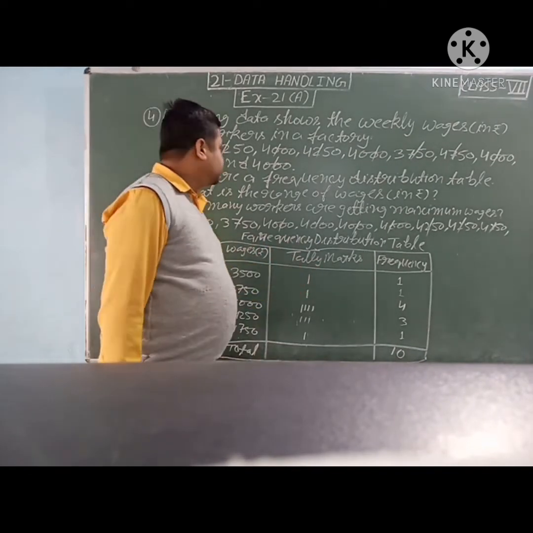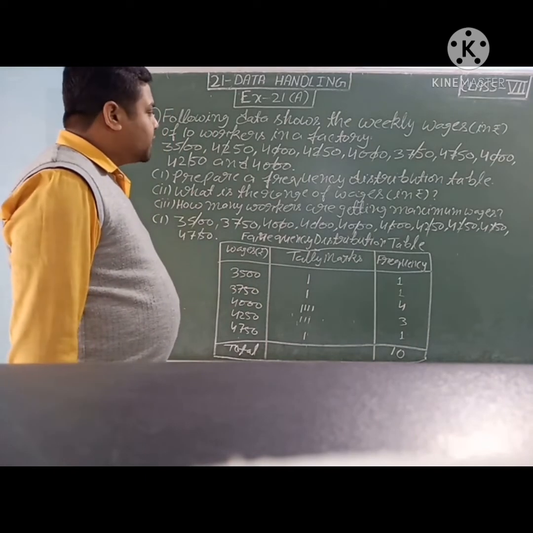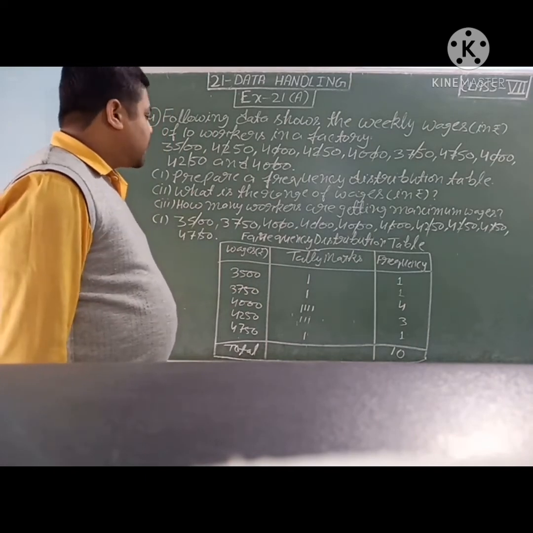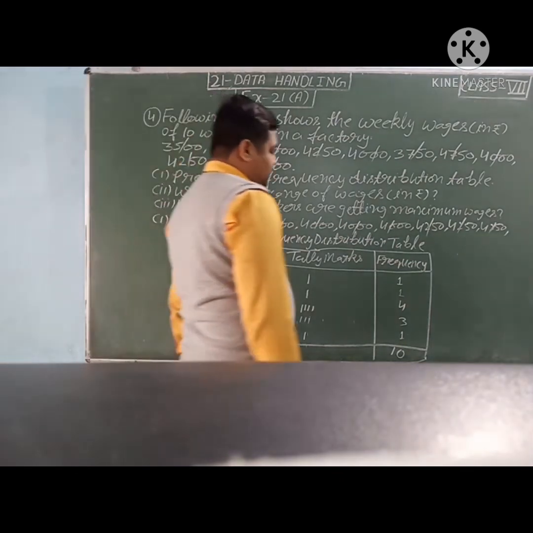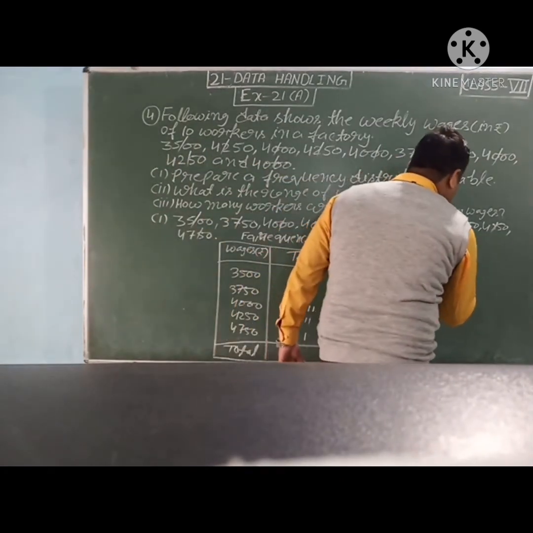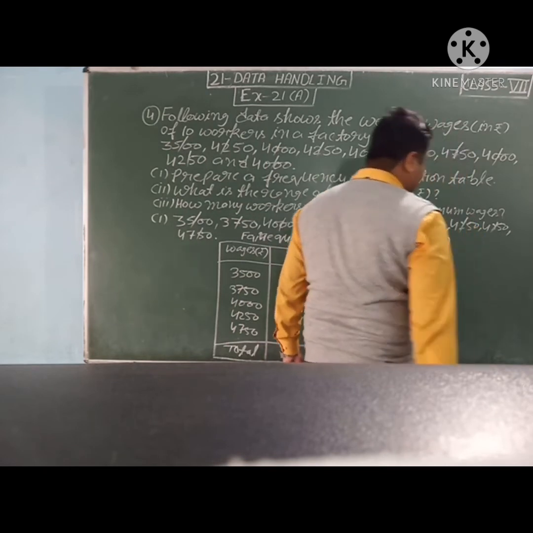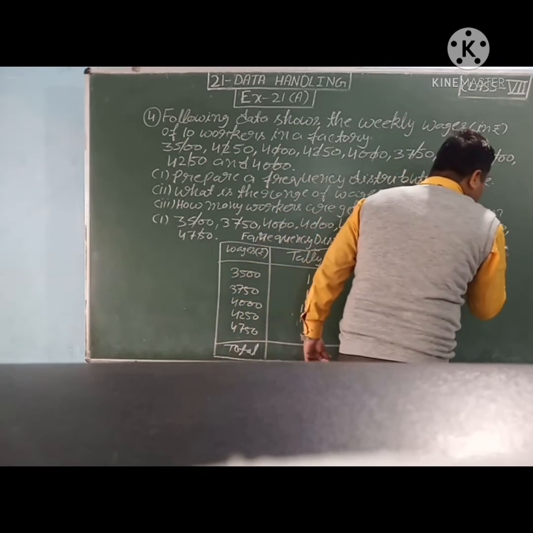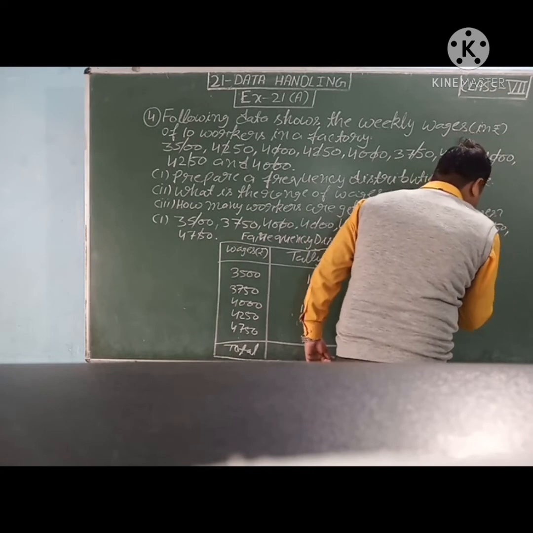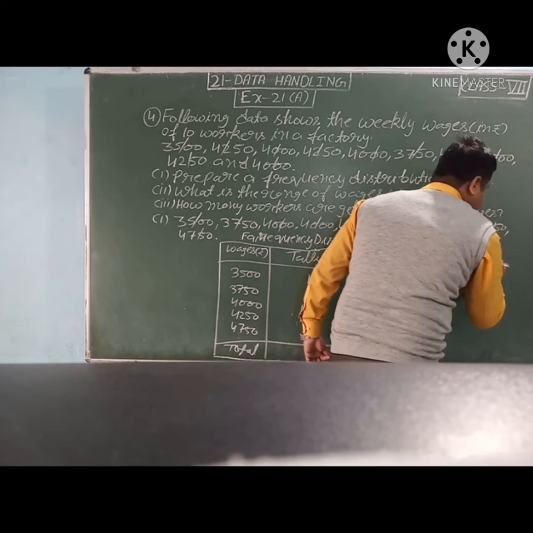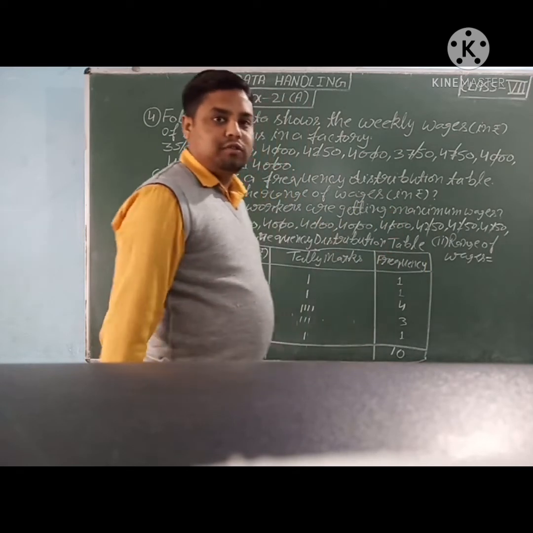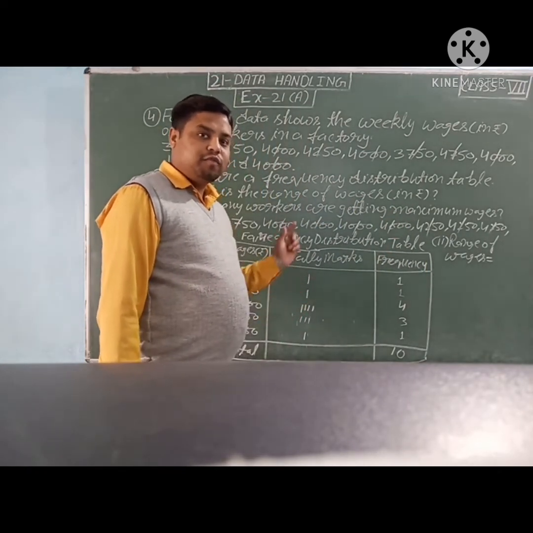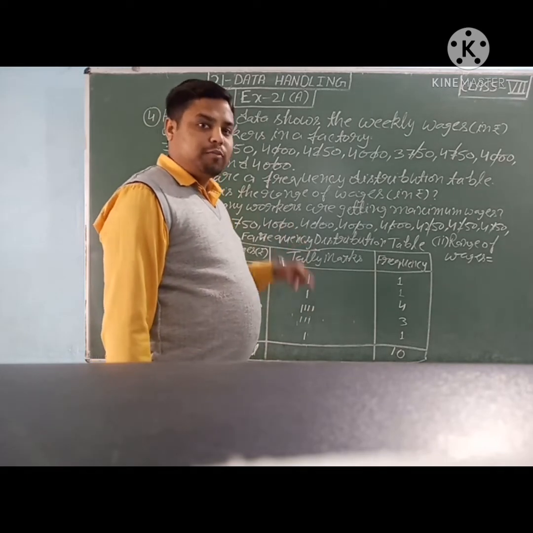Now second part, what is the range of wages? In the second part, we have to find the range of wages. So here is the space. We will write here: range of wages. Formula is largest wage minus smallest wage.